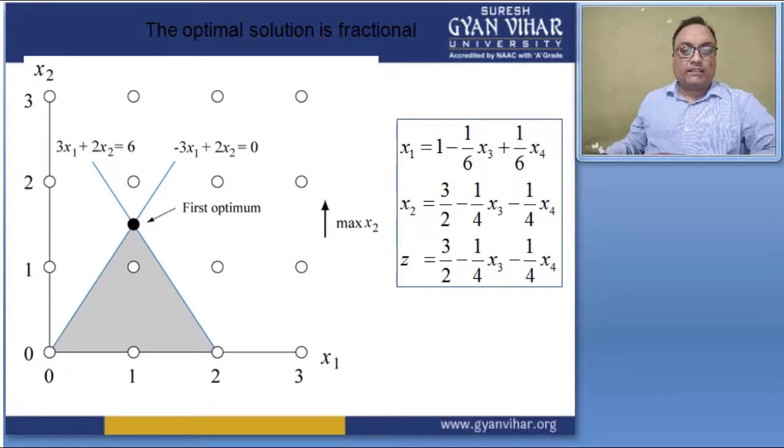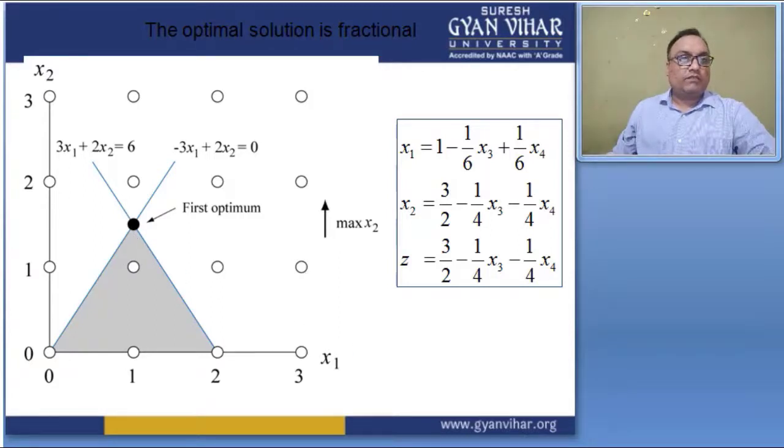For finding the optimal solution, we find the values of x and y for this dark point, right? So we use here this curve made up of x1 and x2, so you find the values of x1 and x2 also.